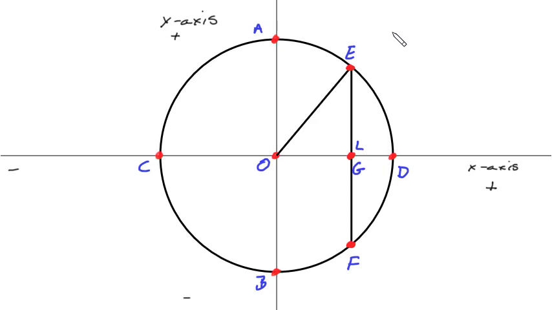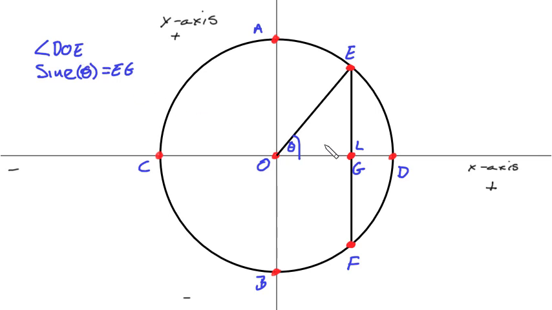So if we take our angle, and I'll write it over here, if we take the angle DOE, and I'll just mark this angle here as theta, so the sine of the angle DOE, or the sine of theta, is equal to this line EG. That is what we mean by the sine of an angle.